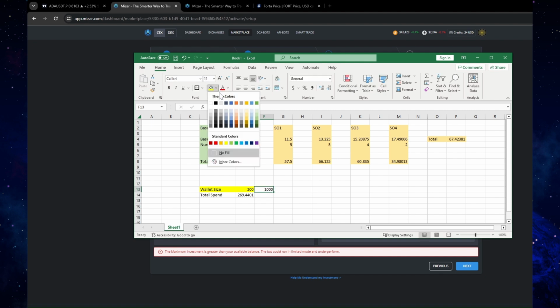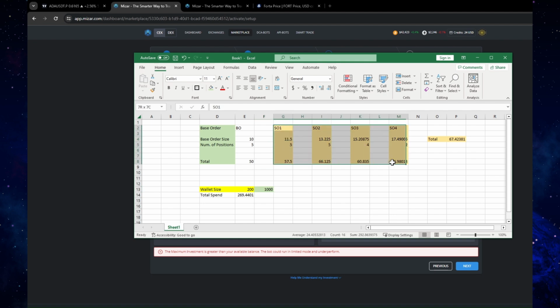I want to keep my wallet as 1,000, and I'm going to have base order of 10 and 5 positions. Okay, fine. Why not? Perfectly safe. And this situation right here that we have shown, safety order 1, 5 positions taken, safety order 2, 5 positions taken, safety order 3, only 4, and 2 on SO4, right? All of that, if that would have happened, you know that we would have already spent 269 USDT.